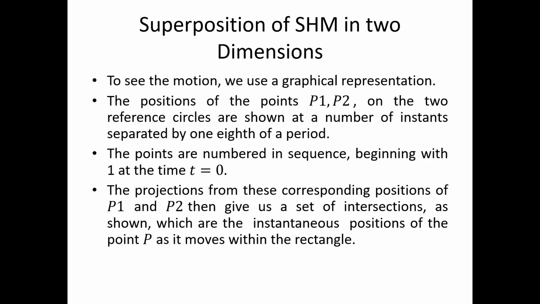The points are numbered in sequence beginning with 1 at time t equal to 0. The projections from these corresponding positions of P1 and P2 then give us a set of intersections as shown. So these positions along the x direction and the y direction are the instantaneous positions of the point P as it moves within the rectangle.